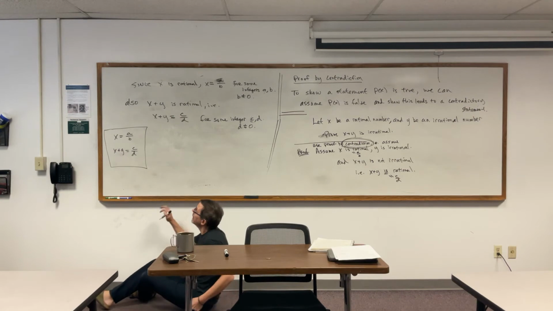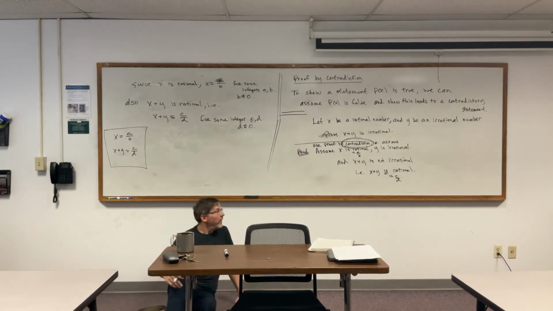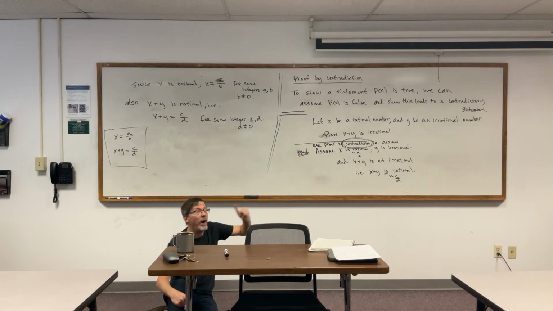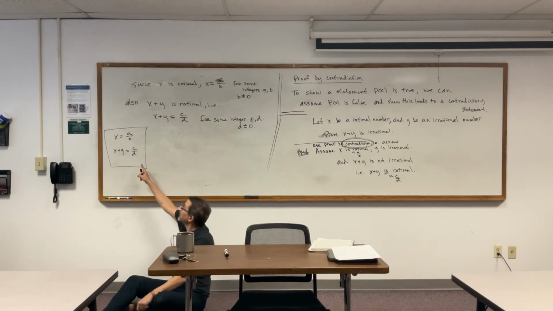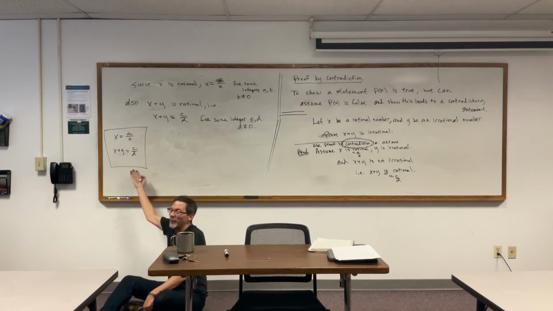We already know y is not a fraction; we're definitely assuming that. But how can I relate it to these fractions here? How could I show that these two things mean y is a fraction?